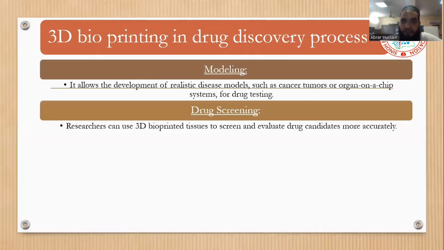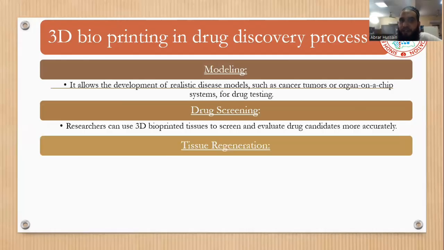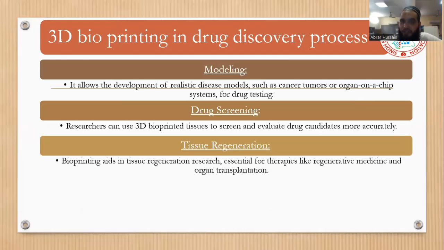Then in drug screening, researchers can use 3D bioprinted tissues to screen and evaluate drug candidates more accurately. They can also use it to generate tissue. Tissue regeneration research is essential for therapies like regenerative medicine and organ transplantation. So 3D printing is also used for tissue regeneration, which can ultimately help identify suitable drugs for the treatment of various diseases.